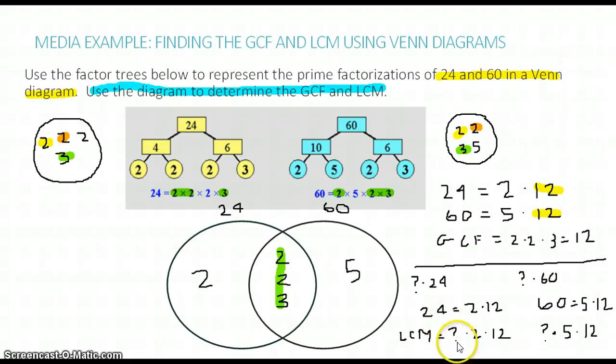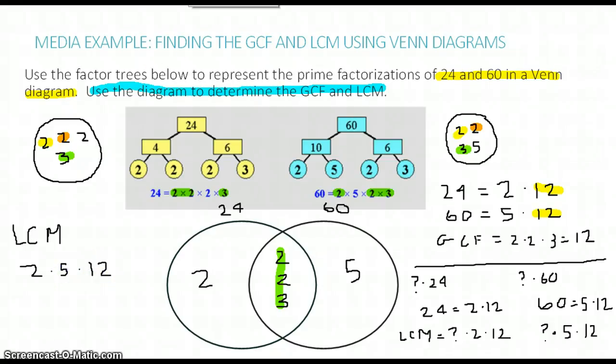So if we need some number times 2 times 12 and also some number times 5 times 12, notice they have the 12 in common. We just need to include both 2 and 5 in the LCM. So I'm going to write this over here. The LCM is going to be 2 times 5 times 12.